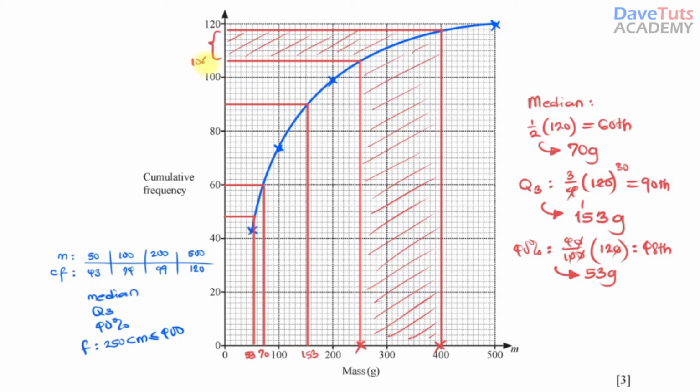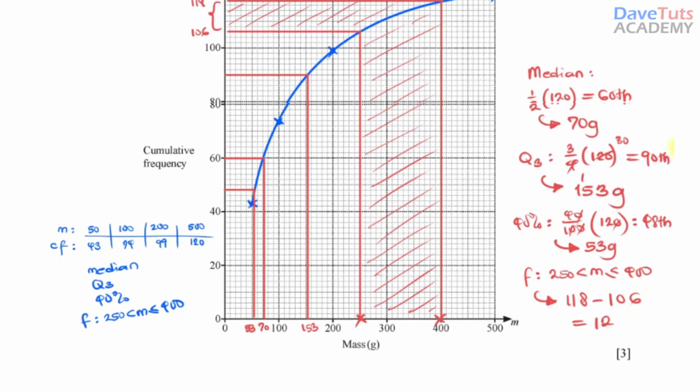So we have the lower as 106. We have the upper as just before 120, and that is 118. So for the frequency corresponding to 250 less than m less than or equal to 400, we have the difference between 106 and 118. So that will be 118 minus 106, that is going to give us 12.